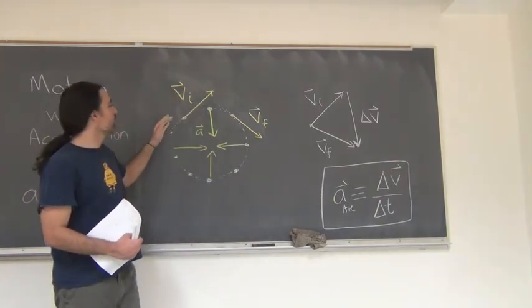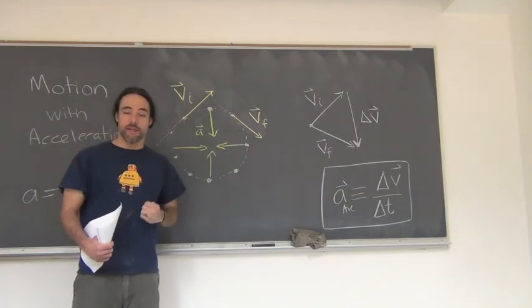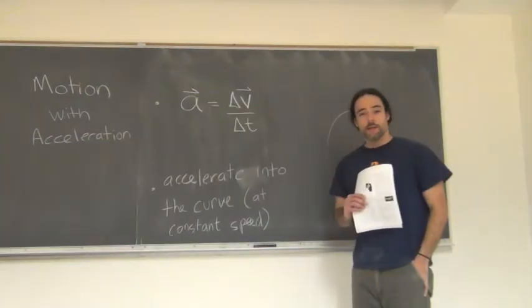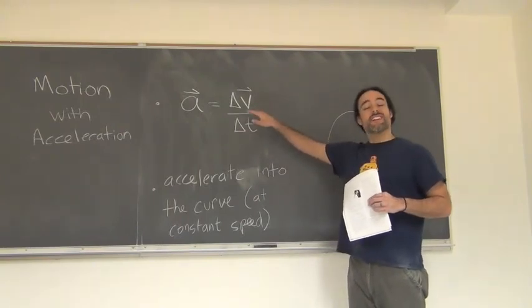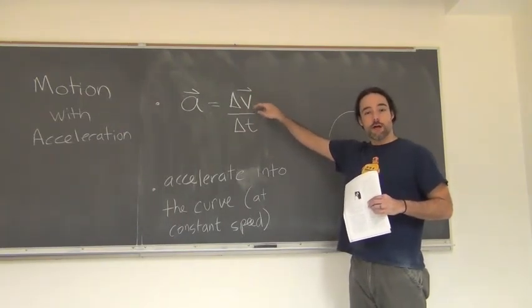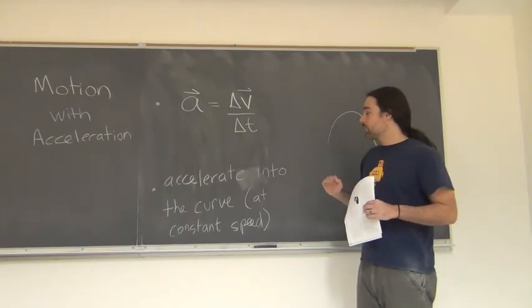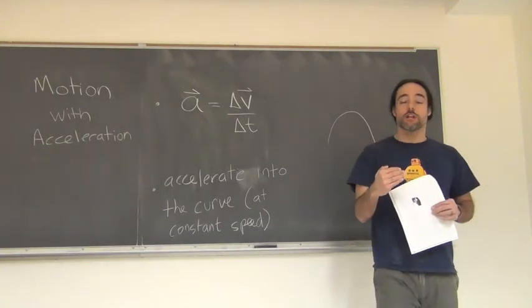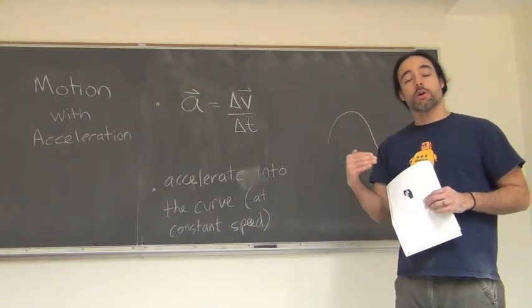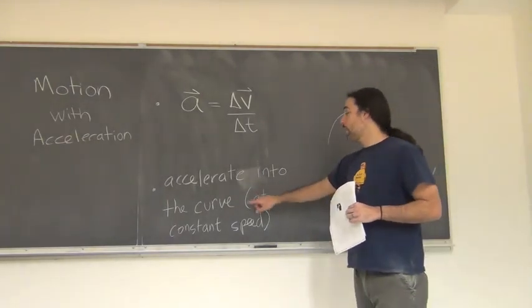Here, the circle always curves in, so the acceleration is always pointing in. To reiterate, the acceleration is defined as the change in the vector velocity divided by the change in time. In general, if you are changing the direction in which you are moving, you are going to have some component of the acceleration that points into the curve.